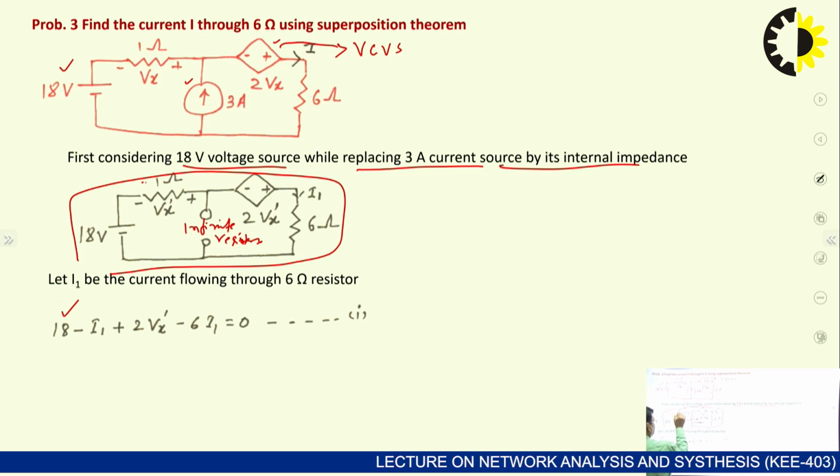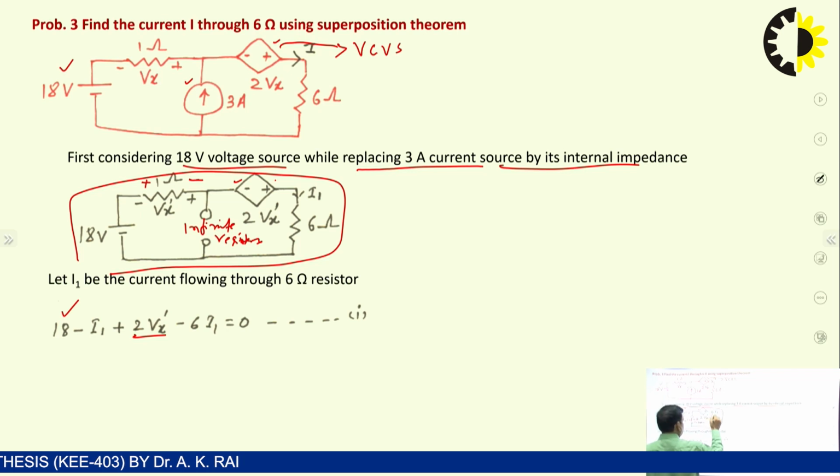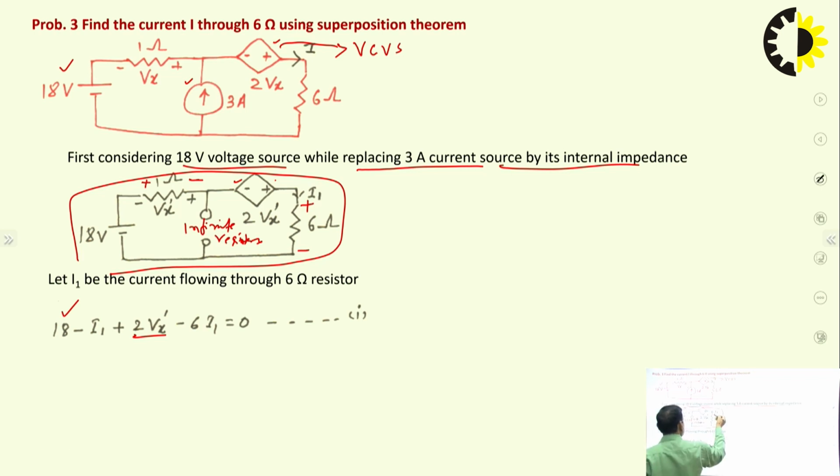So for the current reference, here will be the plus, here will be the minus. So minus I1, then come to here, it is minus 2 plus, so it is twice Vx dash. Here is plus, here is minus, current is flowing from top to bottom. So here is a plus terminal, minus terminal, so minus 6 I1.